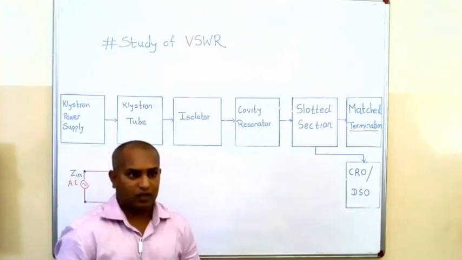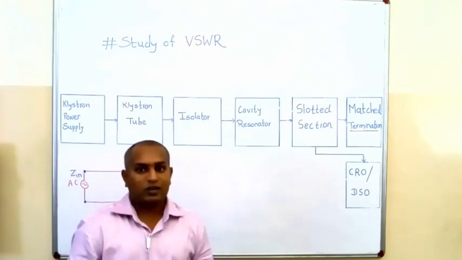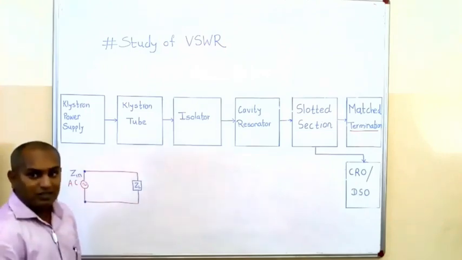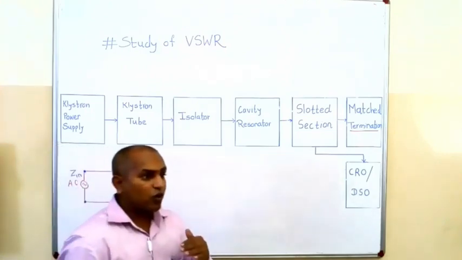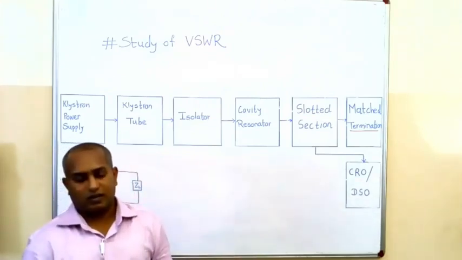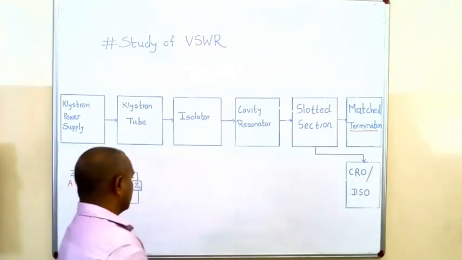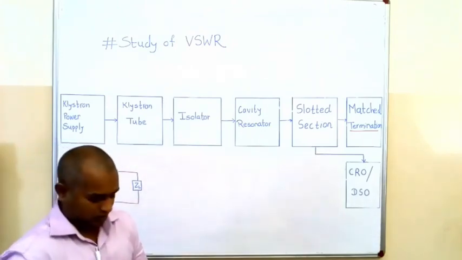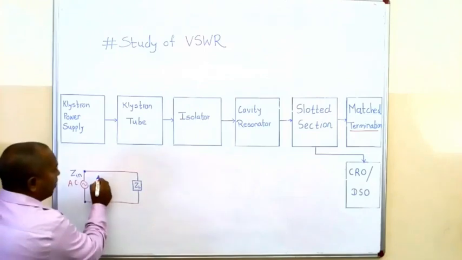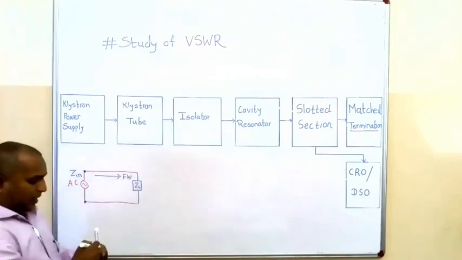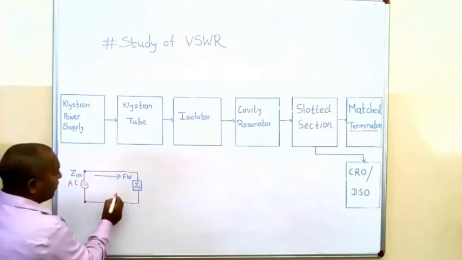But if your load impedance is not perfectly matched with the input impedance, at that time some wave is reflected back towards the generator. So in a waveguide we have two types of wave: one is the forward wave and another is the reflected wave.